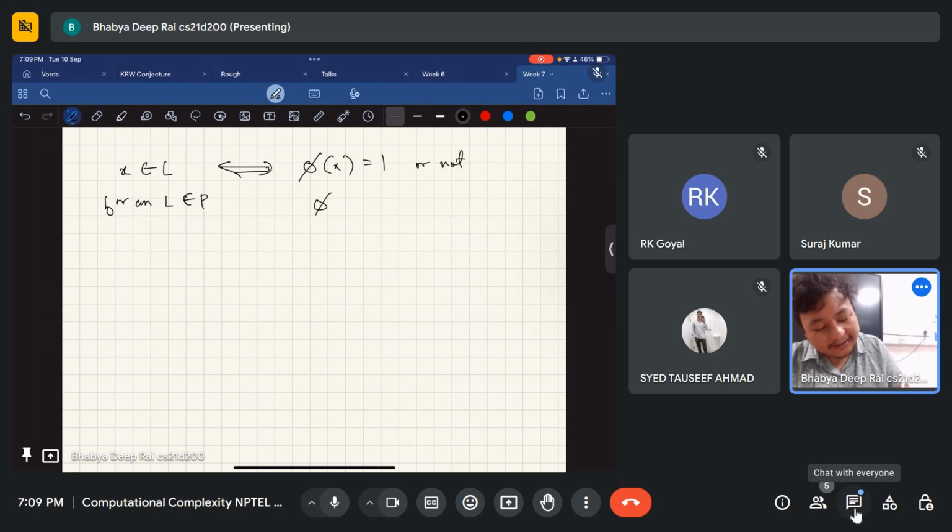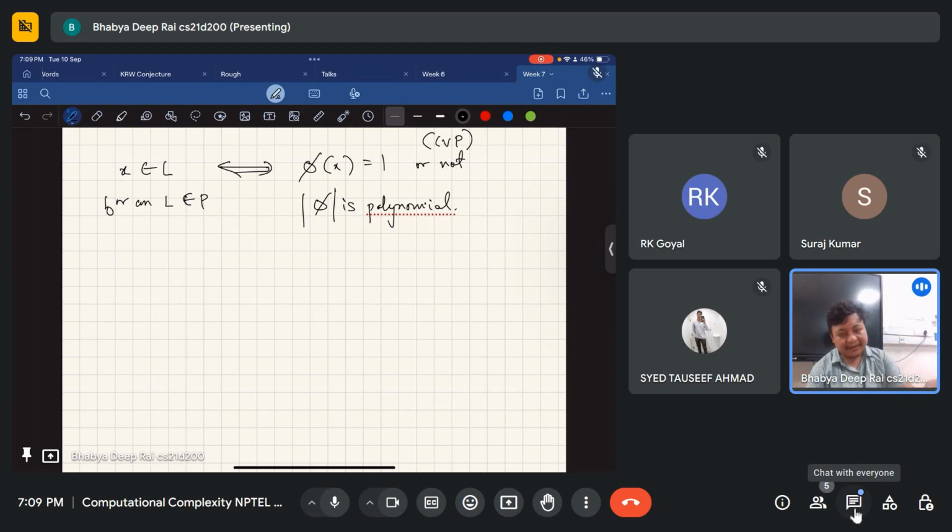Furthermore, the size of phi is polynomial via Cook-Levin. For NP the characterization was whether it is satisfiable or not, and here it is whether it evaluates to 1. The input is already given to you, whether on that input it is equal to 1 or not, or in other words the CVP problem, circuit value problem, which is P-complete. So any Turing machine can be converted to a circuit. This is an important connection here: any Turing machine which runs in polynomial time can be converted to a polynomial size circuit.